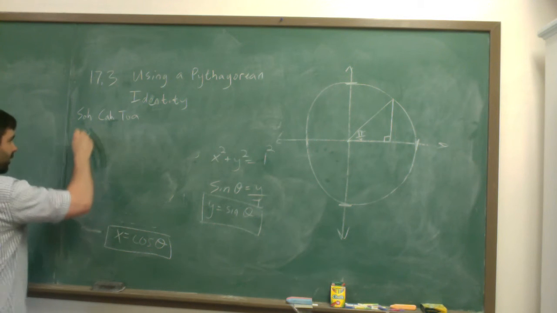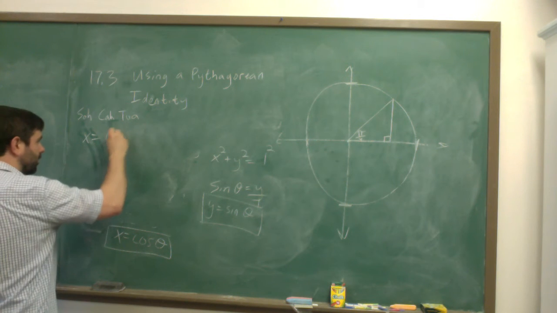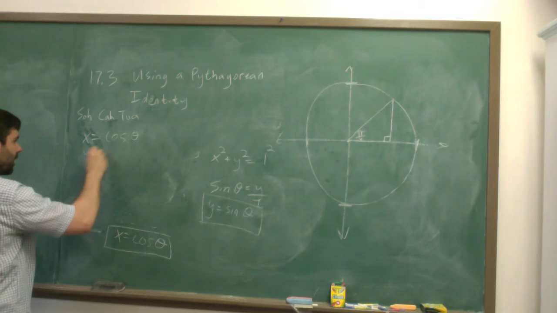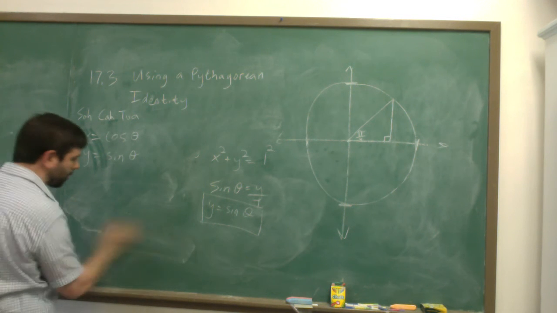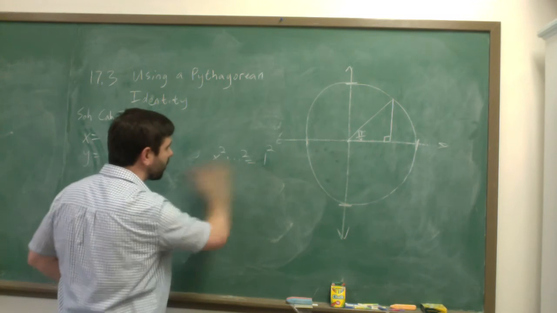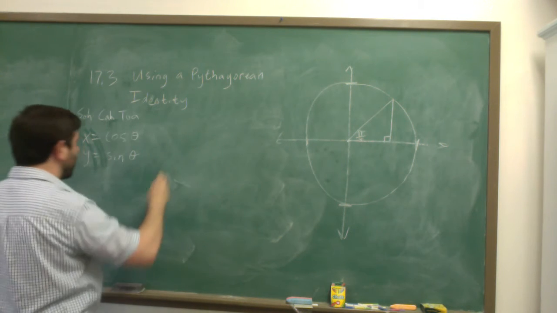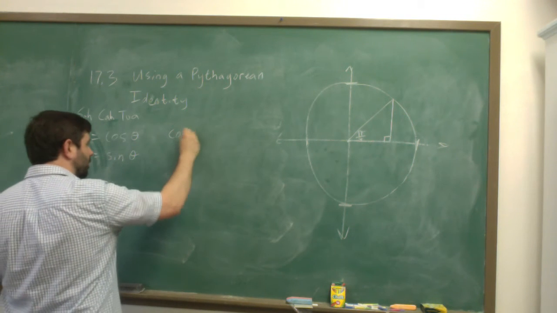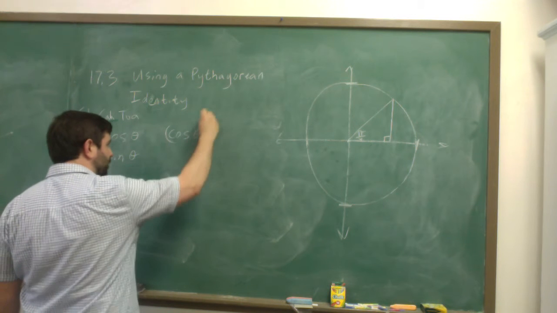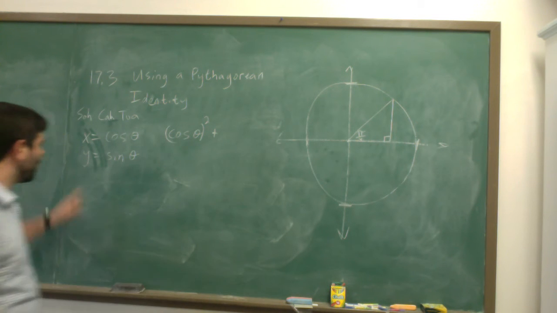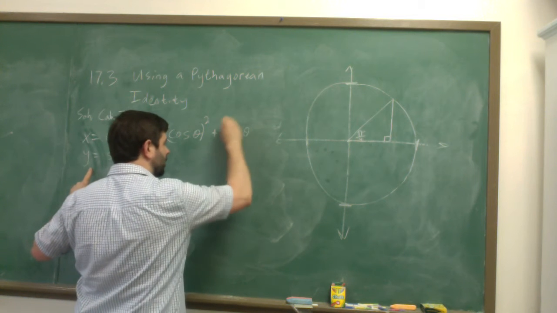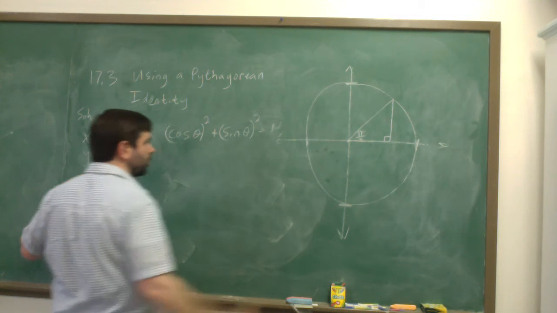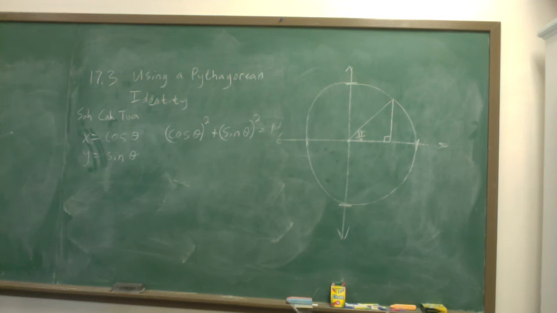So x equals cosine of theta, y equals sine of theta. x squared is cosine of theta squared, plus y squared, sine of theta squared, equals 1 squared.